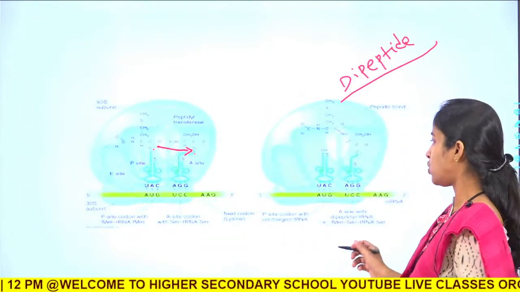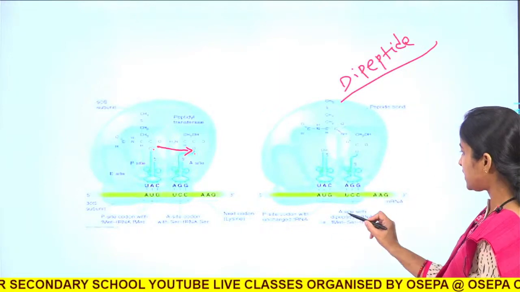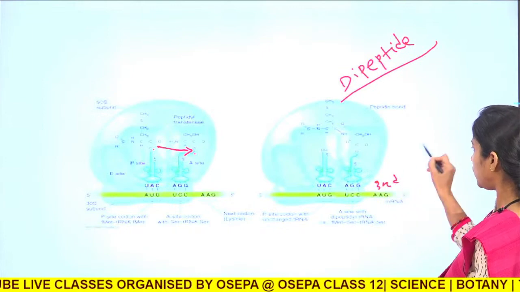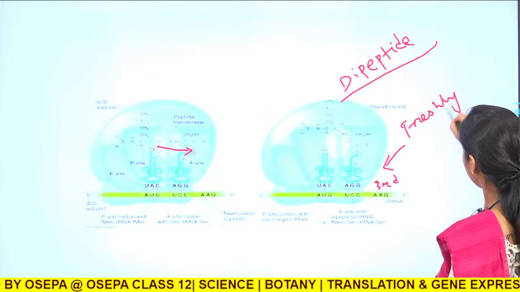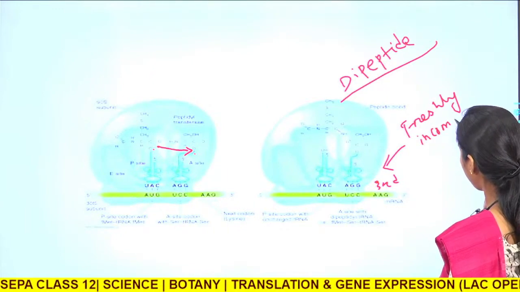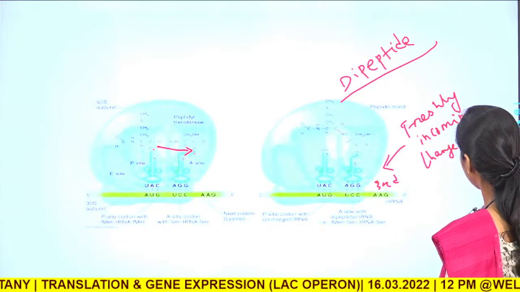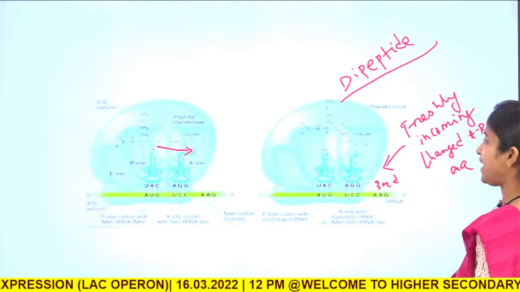After this dipeptide formation, you see the third codon is ready to catch a freshly incoming charged tRNA being loaded with its respective amino acid.